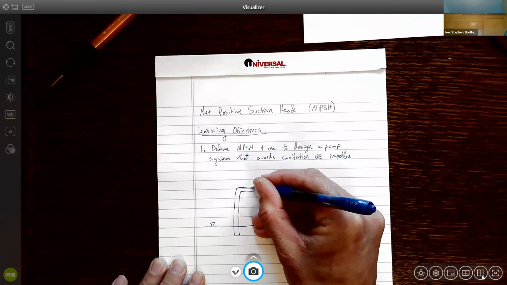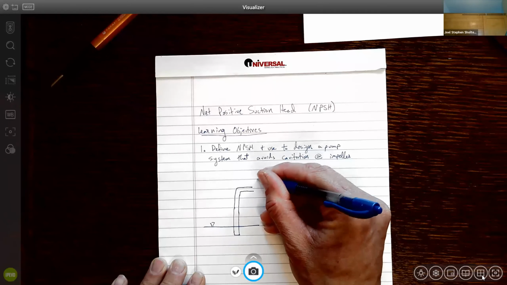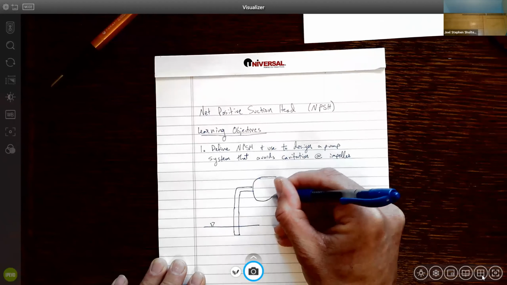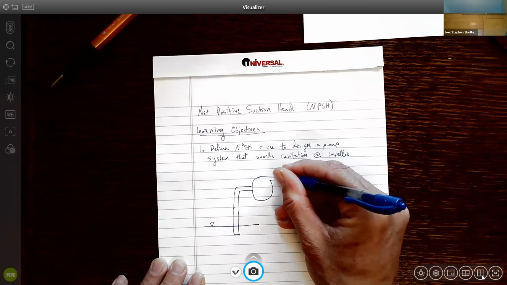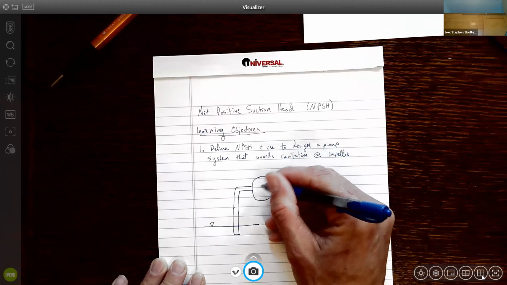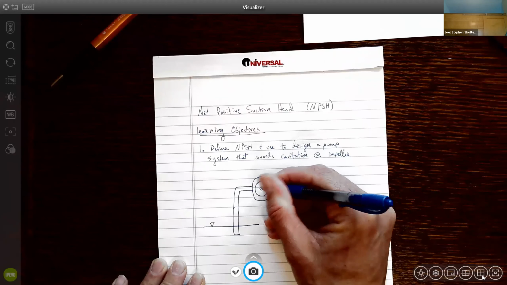It goes into a pump, so we'll draw the pump. It's gonna look amazing, I promise. We've got our impeller spinning inside. There's our eye.